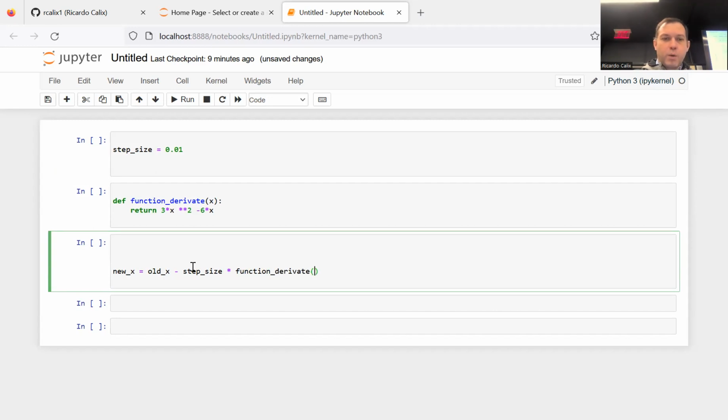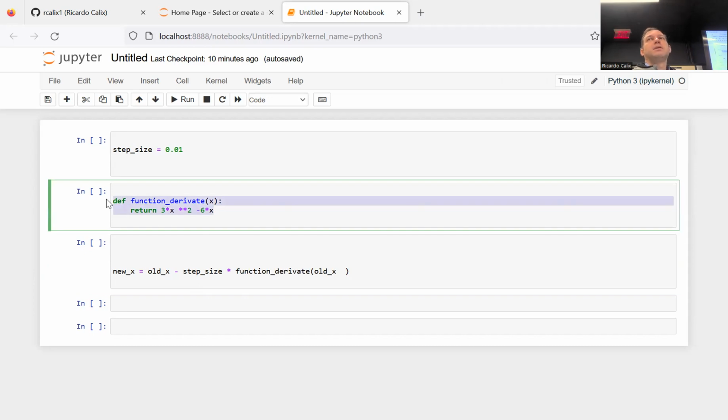Function derivative where we plug in some value that we had for the weights, right? Something like old x, for instance, whatever it was. Okay, and so this is kind of the idea of what is happening, right? So before we had the updates of the weights, but now we can compute the value that goes in here by just having the derivative of it. Does this make sense?